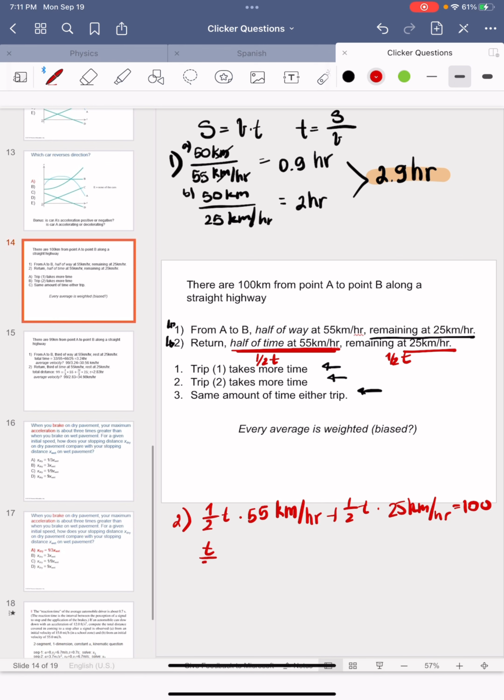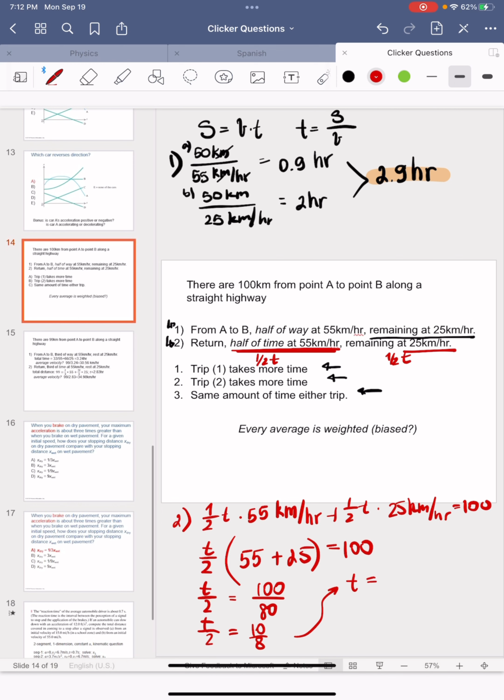So now we just need to solve for t. It will be t/2 times (55 plus 25) equals 100. Now we can do t/2 equals 100 divided by 80, since 55 plus 25 is 80. t/2 equals 10/8, and now we can say that t equals 20/8, right?